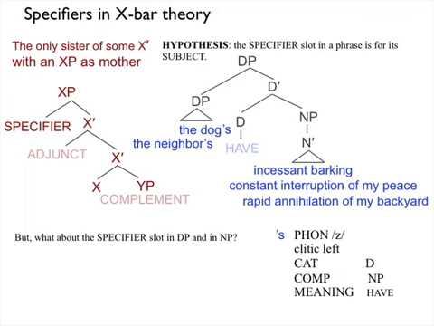So the dog's incessant barking can be paraphrased as the incessant barking from the dog or by the dog, because there's a semantic argument relation between barking and dog.